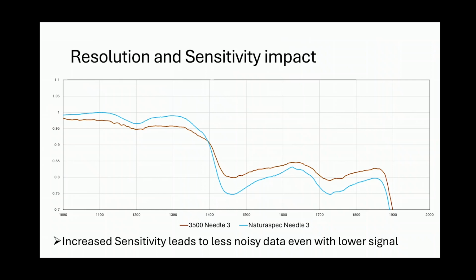As you can see, with the reduction of signal, our less sensitive instrument suffers with a little bit more noise. That being said, there are still both representative spectra. However, with the decreased signal, the NaturSpec outperforms the 3500.